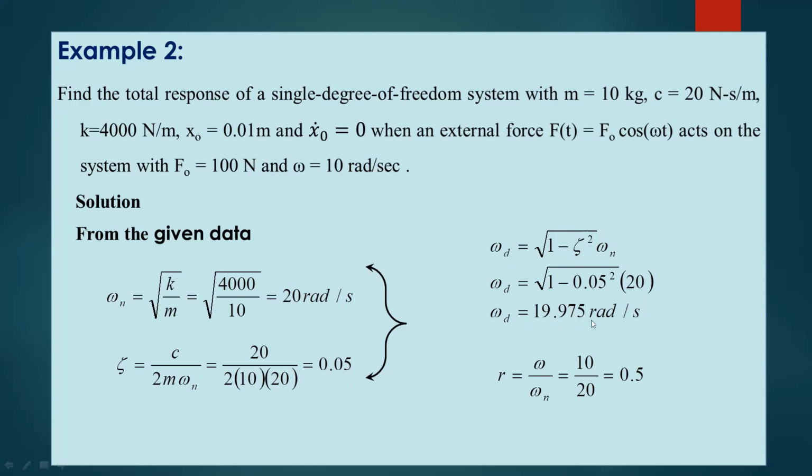And the frequency ratio equals omega over omega n. This is the forcing frequency, which is given as 10 rad per second, divided by the natural frequency, which is obtained from the material stiffness and mass, which gives you a frequency ratio of 0.5.